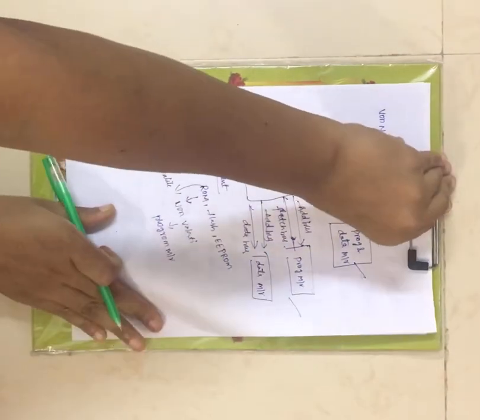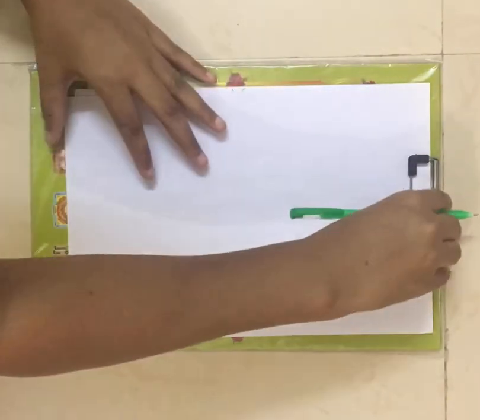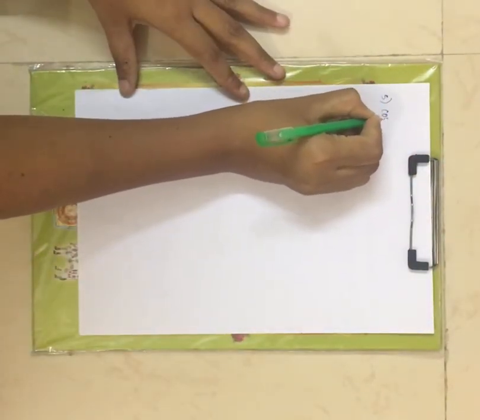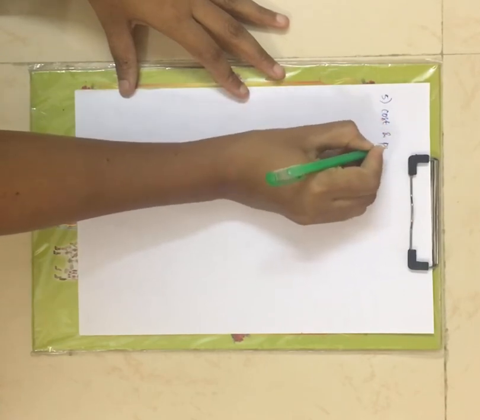Now these are the four factors we have seen. Coming to the fifth factor, it is your cost and power requirement.